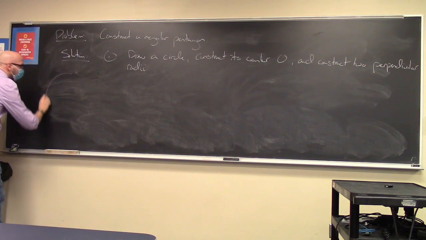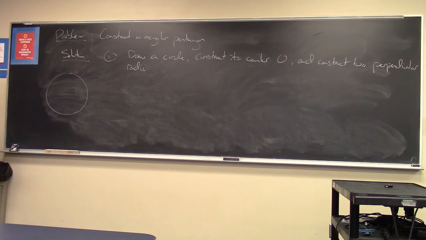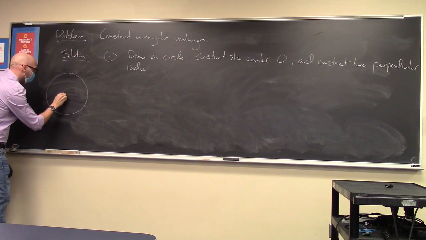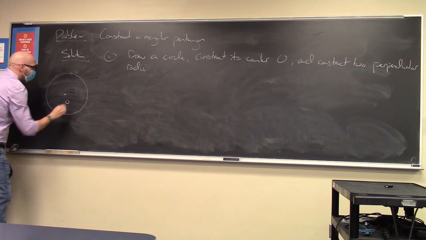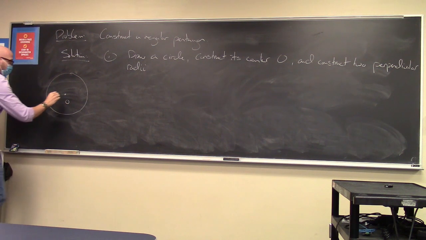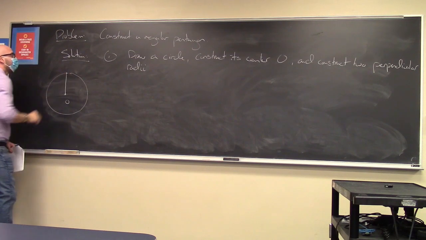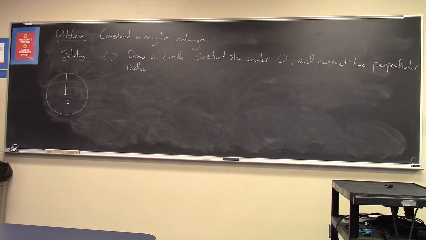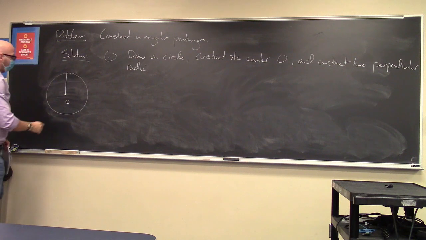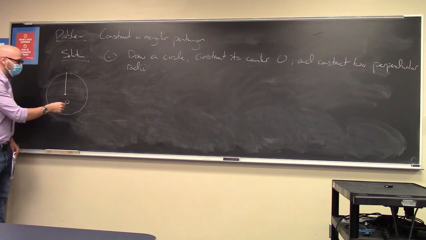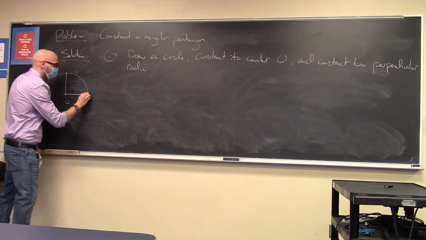So here we go. I've drawn my circle. I go ahead and I construct its center, which we always can do. I draw one radius. And then all I have to do is come into the center here and erect a perpendicular, let's say this one.